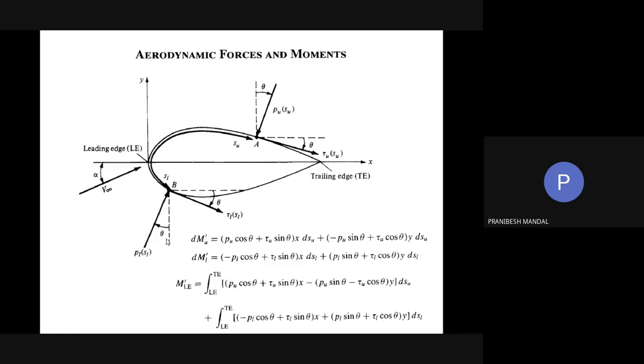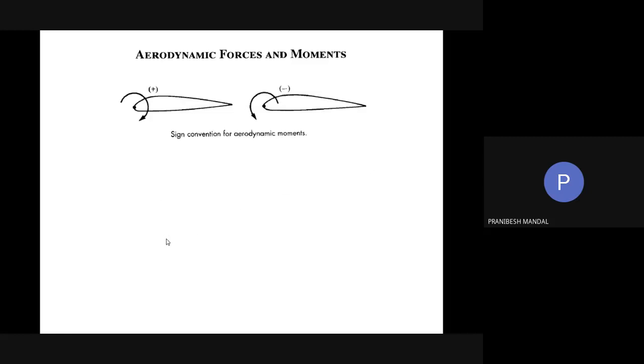In general, we consider anti-clockwise moment to be positive and clockwise to be negative. But for aerodynamics, the consideration is a bit different. Any moment that will cause this particular aerofoil to nose up, we consider positive. And any moment that will cause it to nose down, we consider negative. Remember this sign convention, okay? Any moment causing the aerofoil to nose up is positive. Any moment causing the aerofoil to nose down is negative.